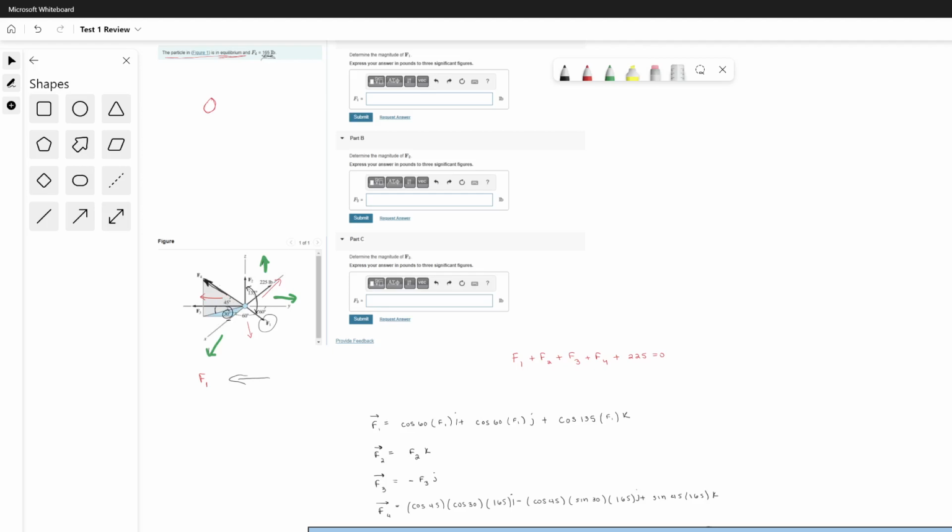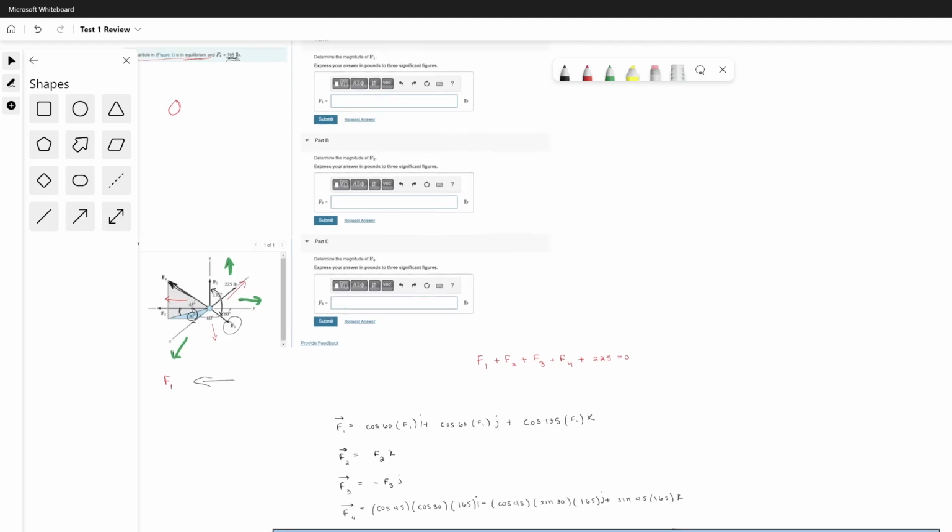We're trying to find this angle right here, and you want to use the sine of 30, times 165 again, because it's the force of F4, plus, and again it's plus because it's pointing up, and as we can tell here, it's a positive sine of 45. The reason it's sine of 45 is because this angle right here is 45, and we're trying to find this angle. Since this is 45, we use sine of 45 to find this angle.